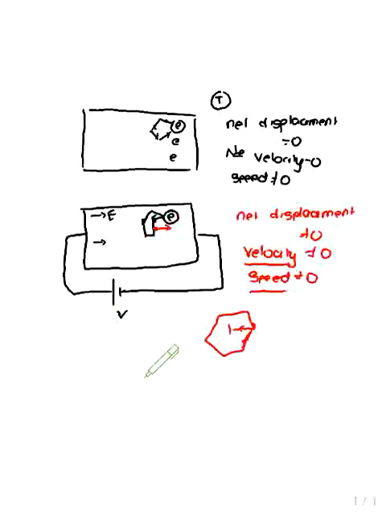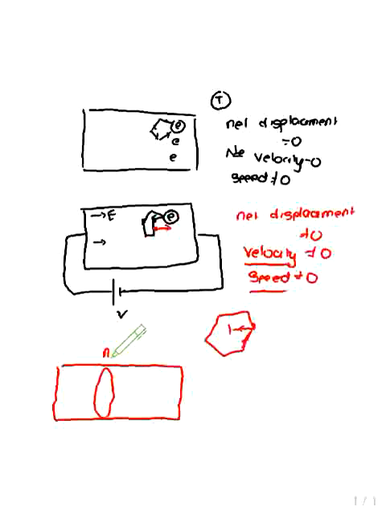Second point, how to calculate the speed with which these electrons are moving. That speed we call the drift speed. You can take this conductor. Let's take the cross section area of this conductor to be A. Let's take n number of electrons present at one instant, moving with the drift speed.